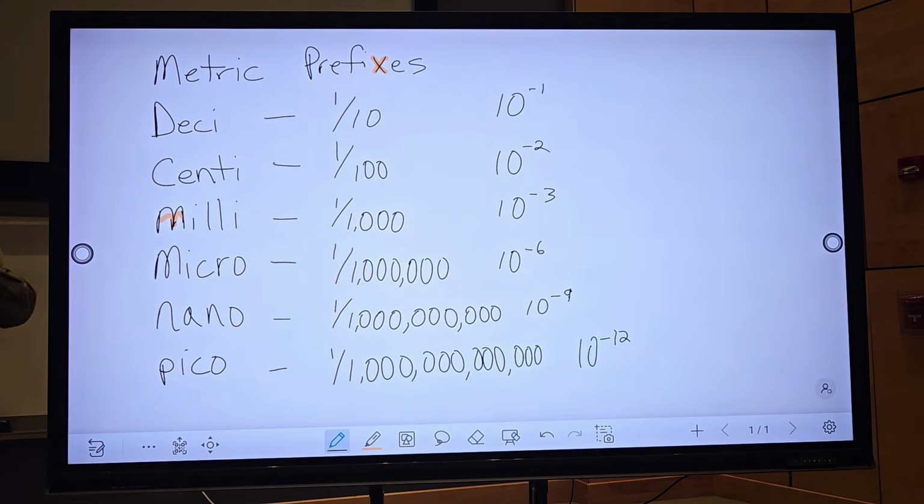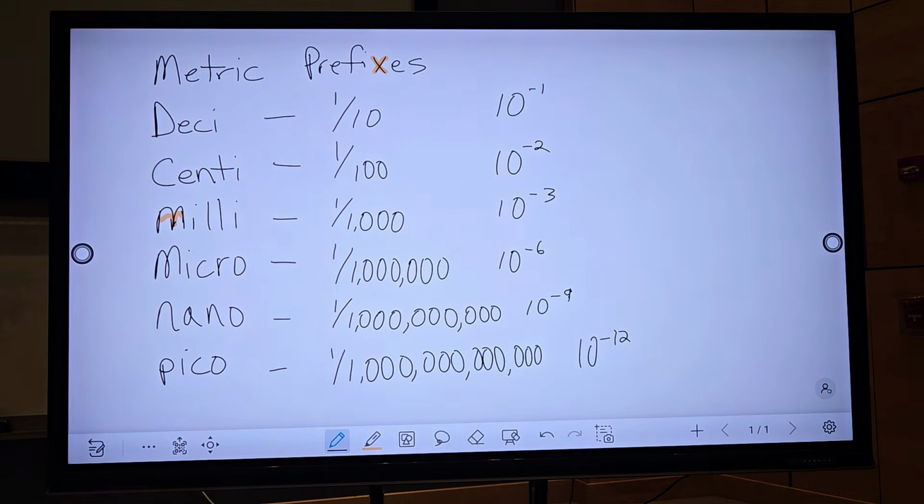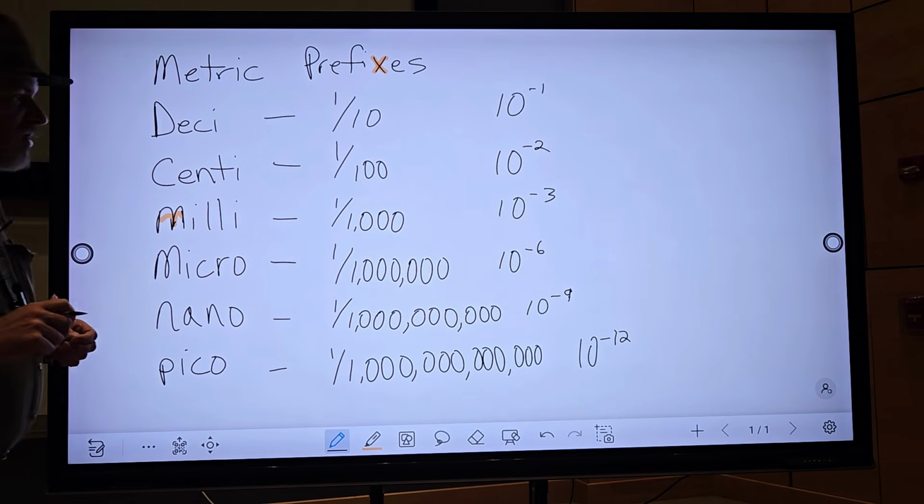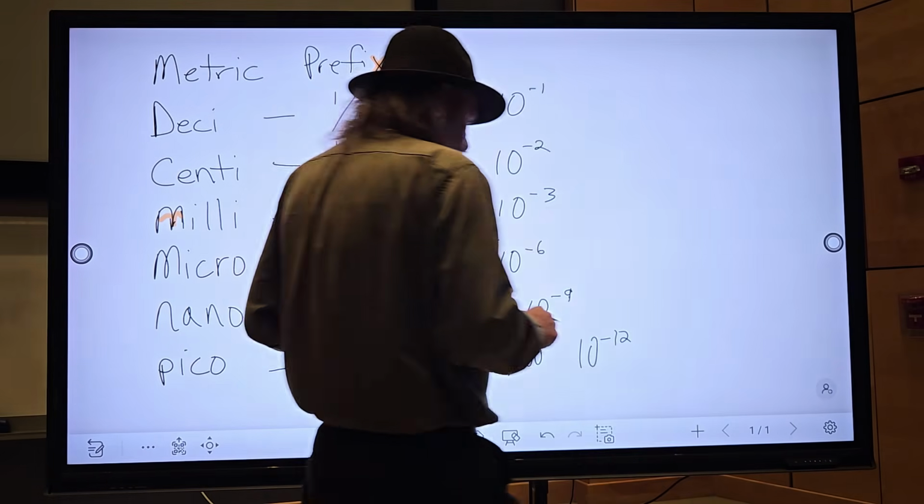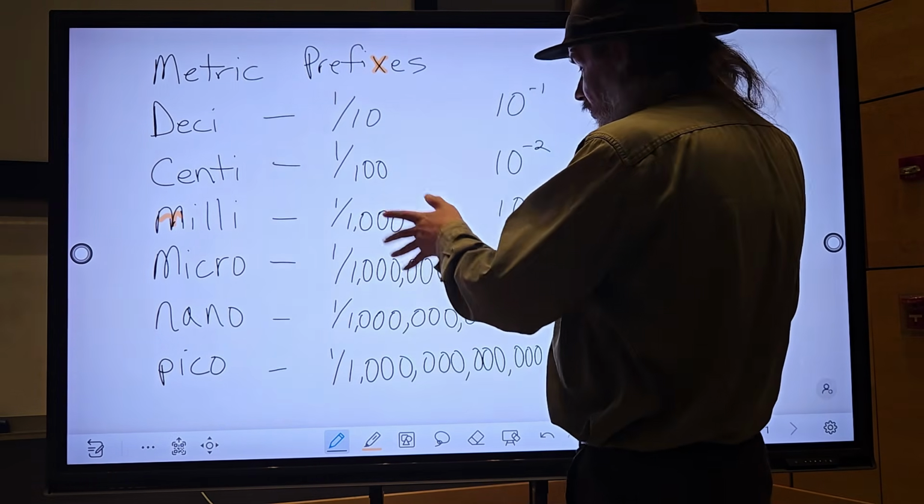So a really, really small amount of capacitance. They go smaller, but for practical purposes, these are the ones that you're really going to need to know in most engineering applications on the small scale.